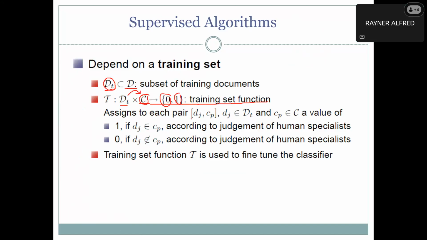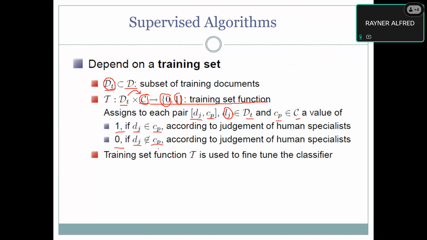Okay. So when we have pair of document Dj and class Cp, where Dj belongs to the set of the training set of document and Cp belongs to the full set of the class, we want to know whether this is 1 or 0. 1 if that document belongs to class Cp, otherwise not.